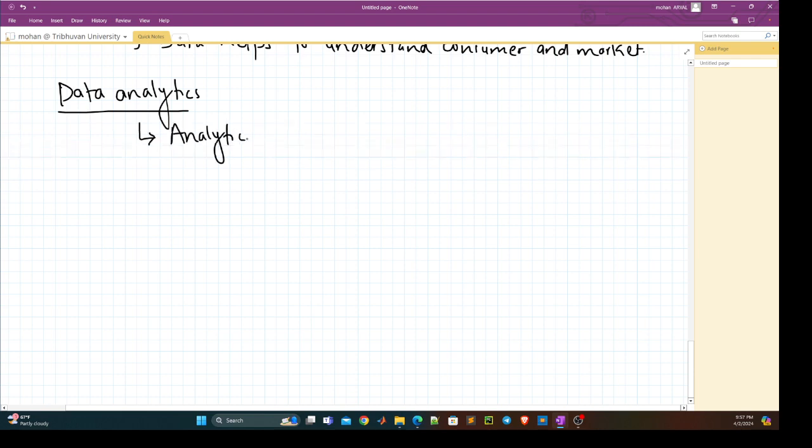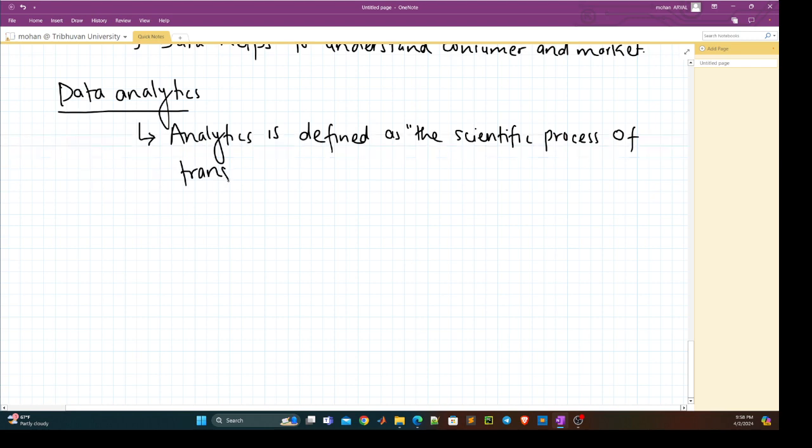Analytics is defined as the scientific process of transforming data into insights, what we have previously seen, data into insights for better decision making.